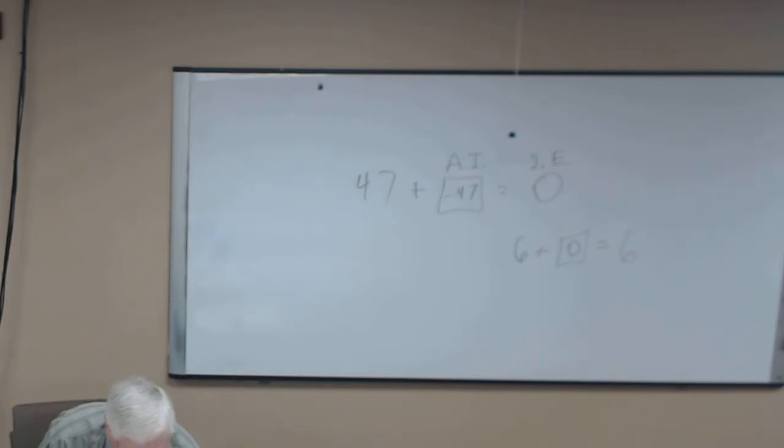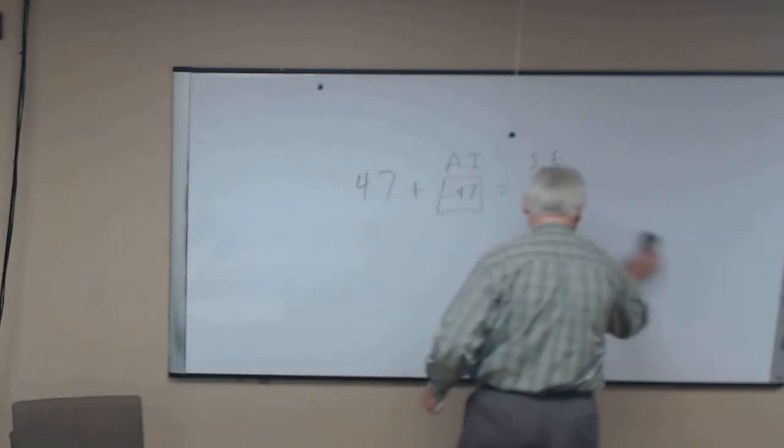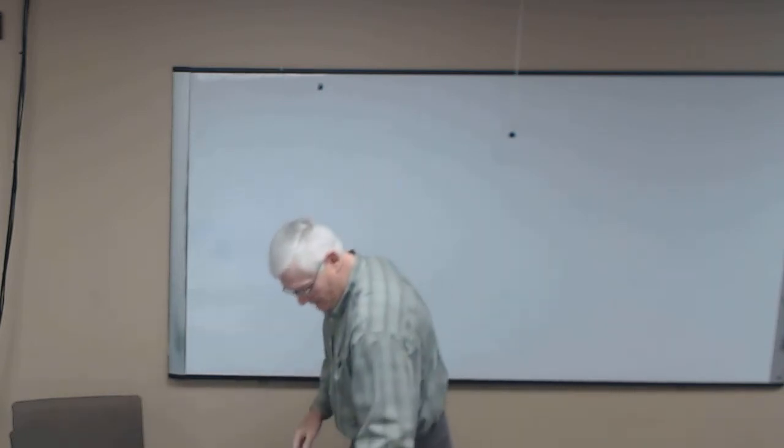Numbers 9 through 16 illustrate each indicated operation on a number line. So, number 10. Number 10 says, what did it say again? Negative 3 minus 2.